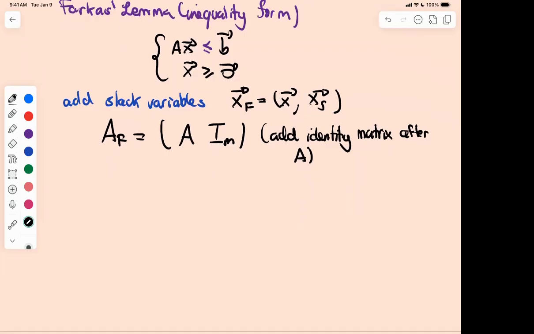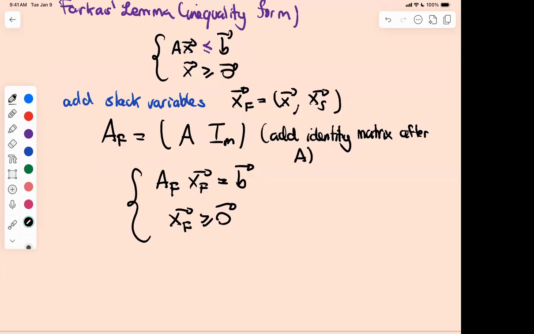And the point of doing that is that it turns the system of inequalities into equation form, right? That's the main reason why we use these as variables, to turn every inequality into an equality.